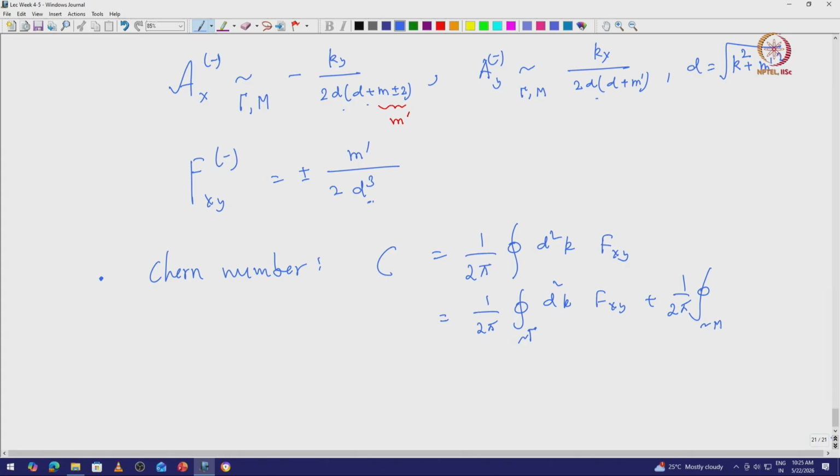Everywhere else they are sort of trivial, they will just cancel each other. Only these 2 points contribute, as you will see from all this expression.